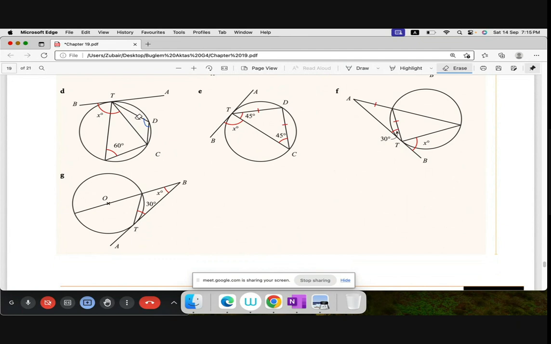And the relation between 60 and x in this case is angle in opposite segments. So it should also be 60. No, angles in opposite segments are supplementary. Oh, okay. Remember this: cyclic quadrilateral. If I say this is x and y, I would say x plus y is equal to 180.